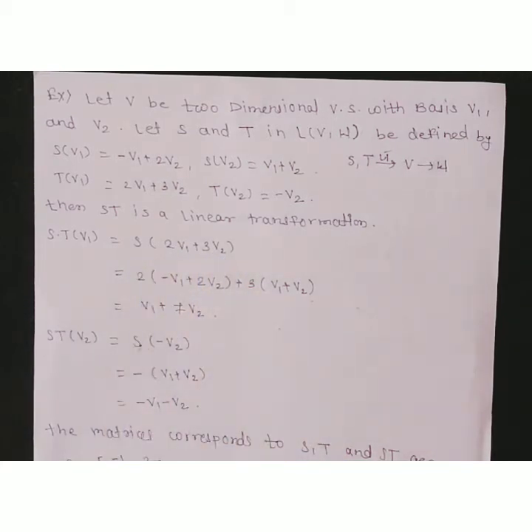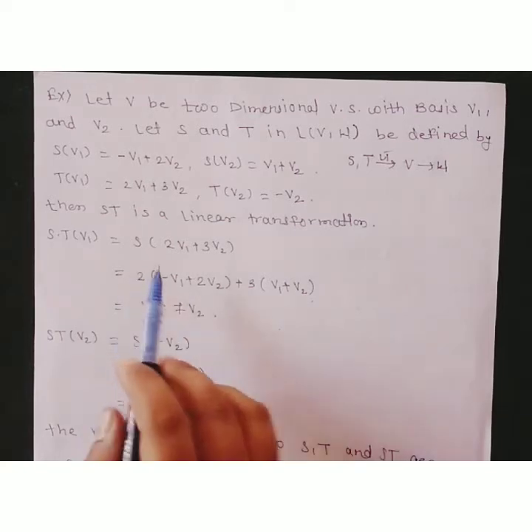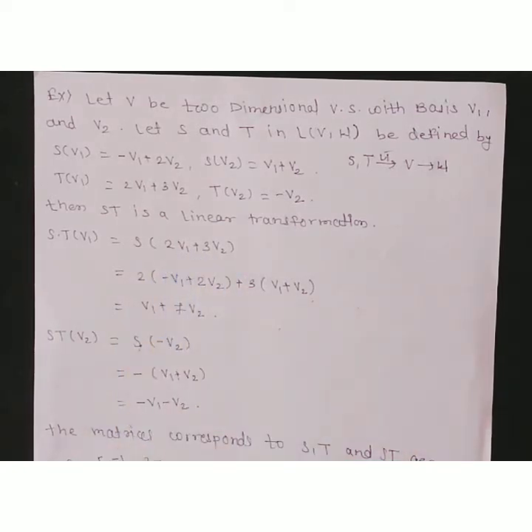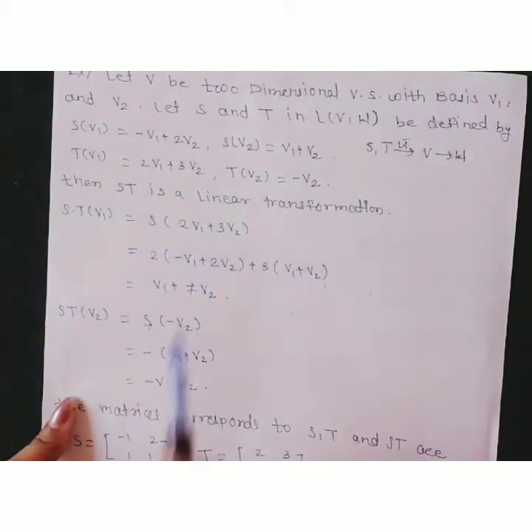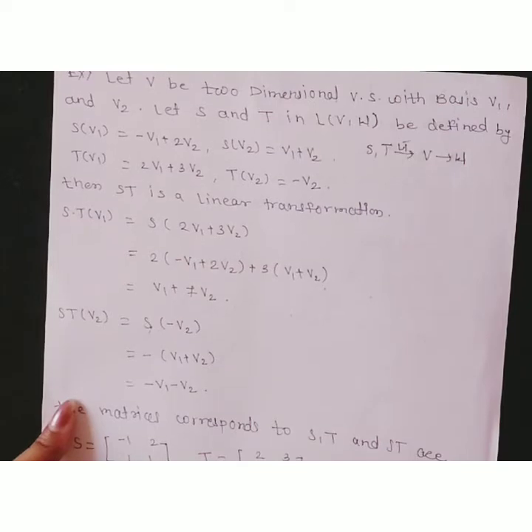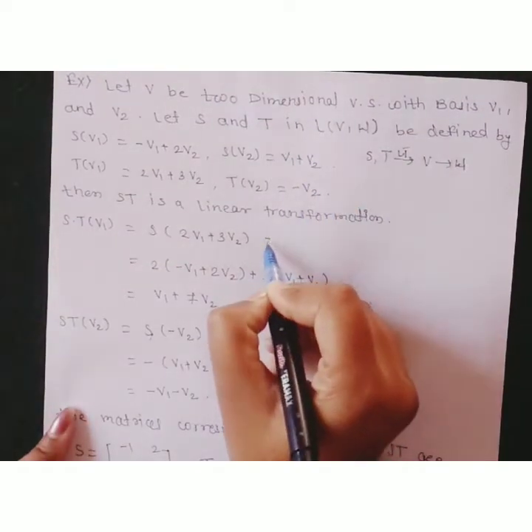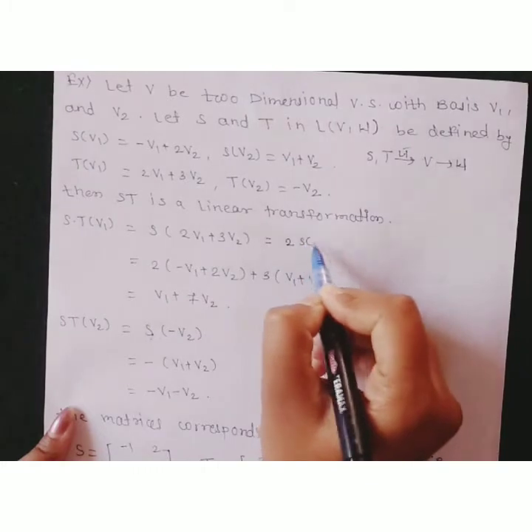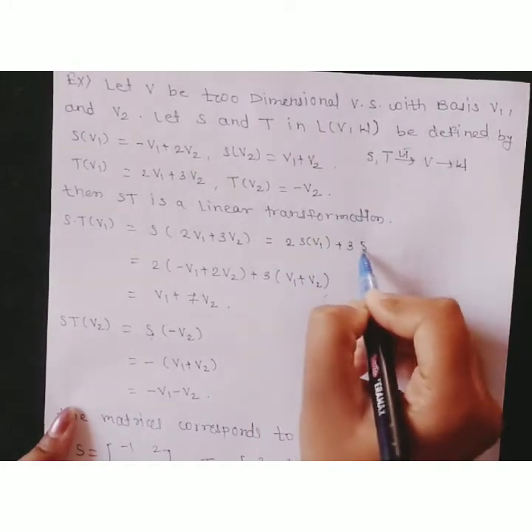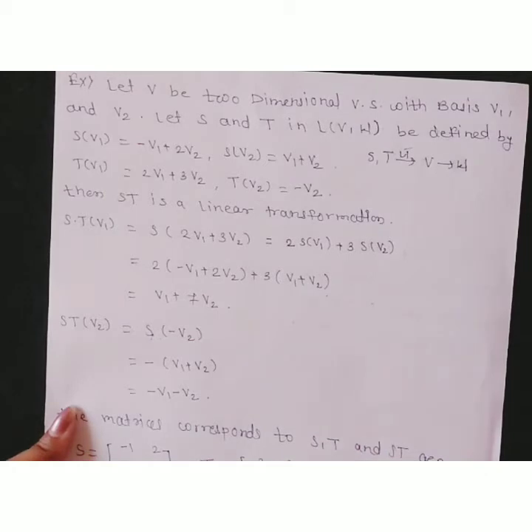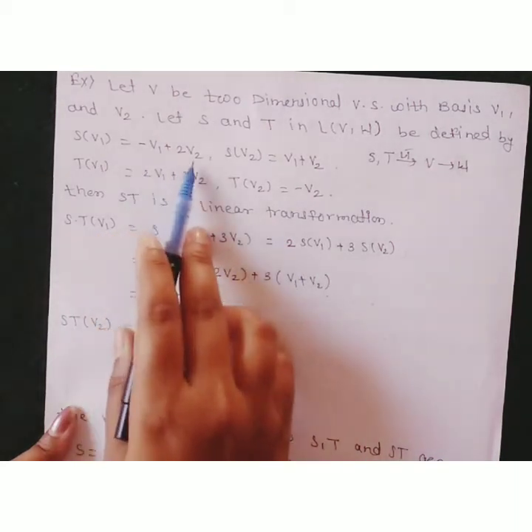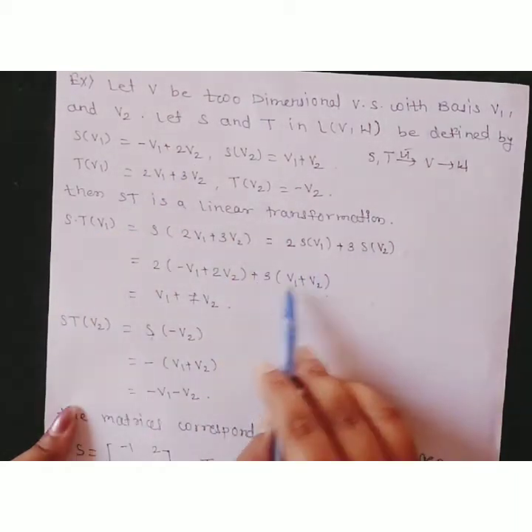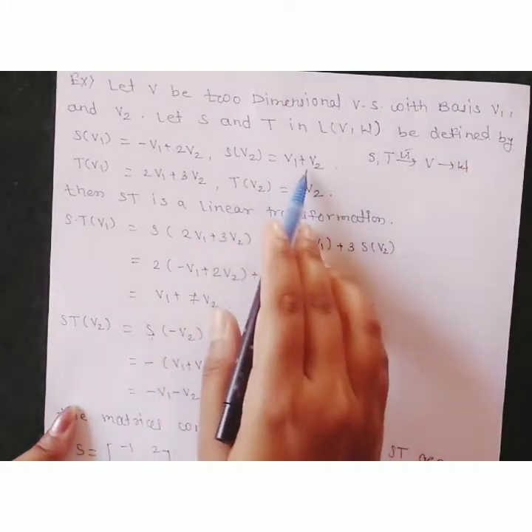Now what is this value? Since S is a linear transformation, S operating on 2v1 plus 3v2 is equal to 2 into S of v1 plus 3 into S of v2. S of v1 is minus v1 plus 2v2, and S of v2 is v1 plus v2.